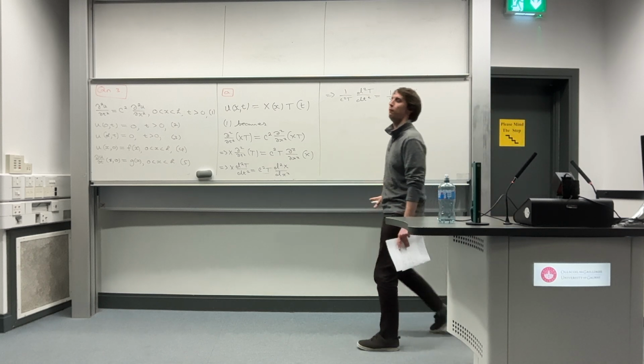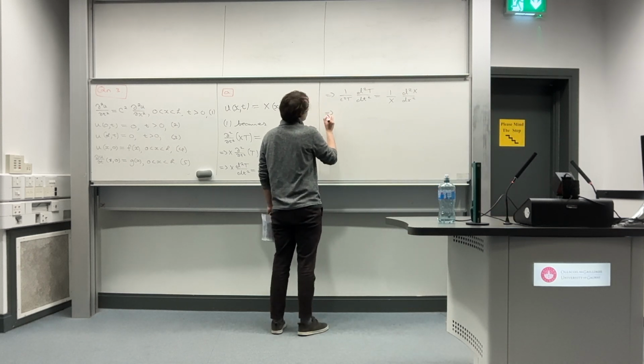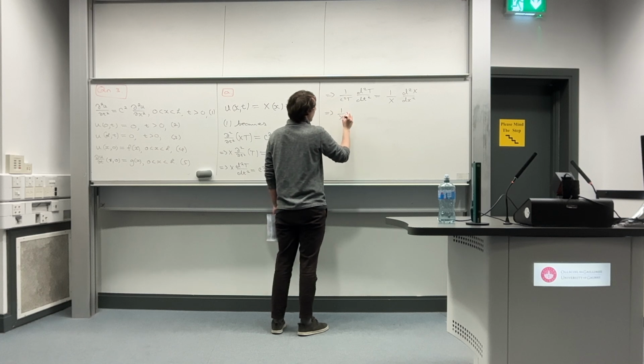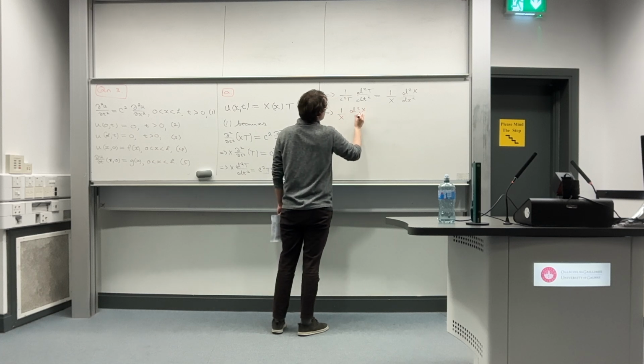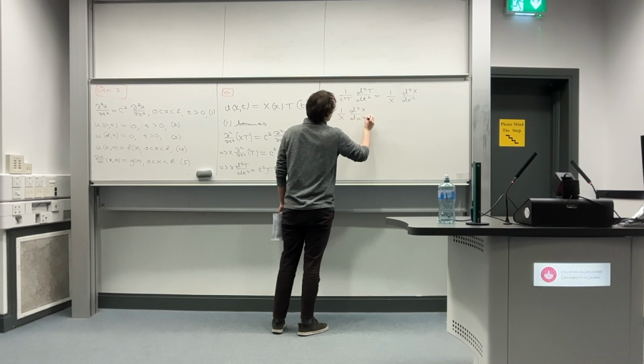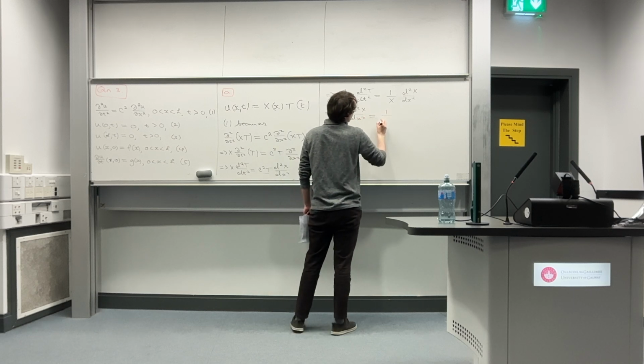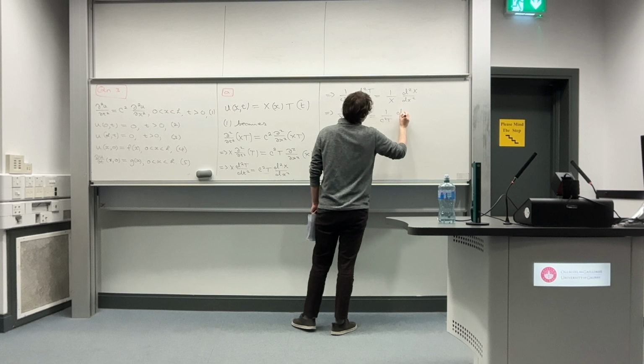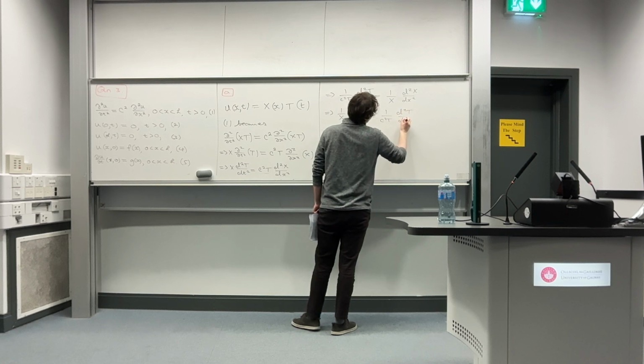Of course, we can flip those two terms around, so we can write the equation likewise as 1 over X times d2X/dx squared is equal to 1 over c squared T times d2T/dt squared.